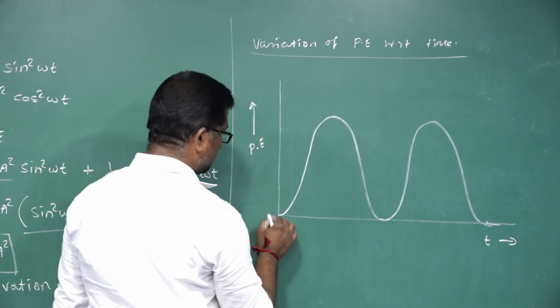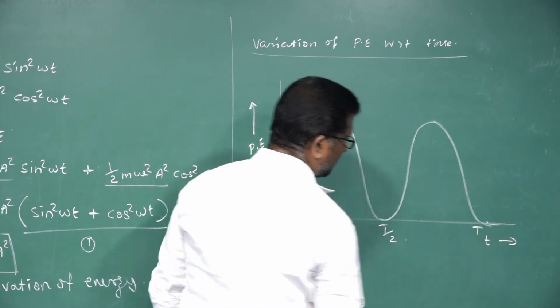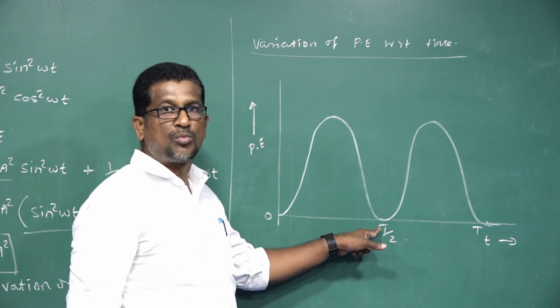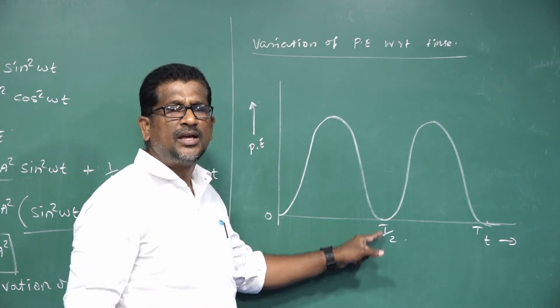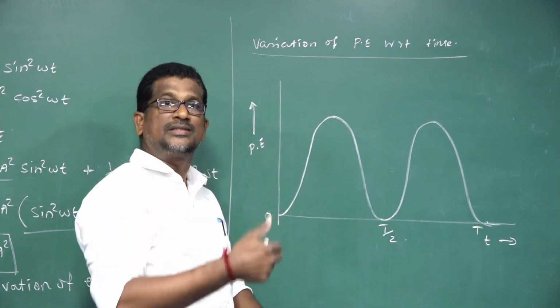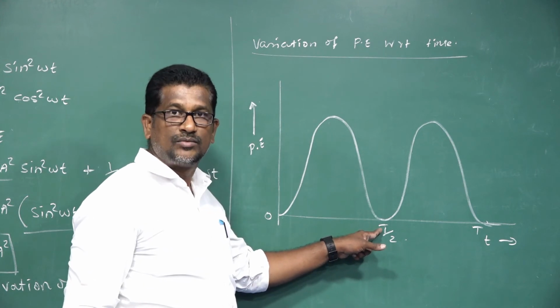Here, what is capital T? Time period of the particle in simple harmonic motion. What is meant by time period? The total time taken by the particle to complete one oscillation or one vibration is known as the time period.